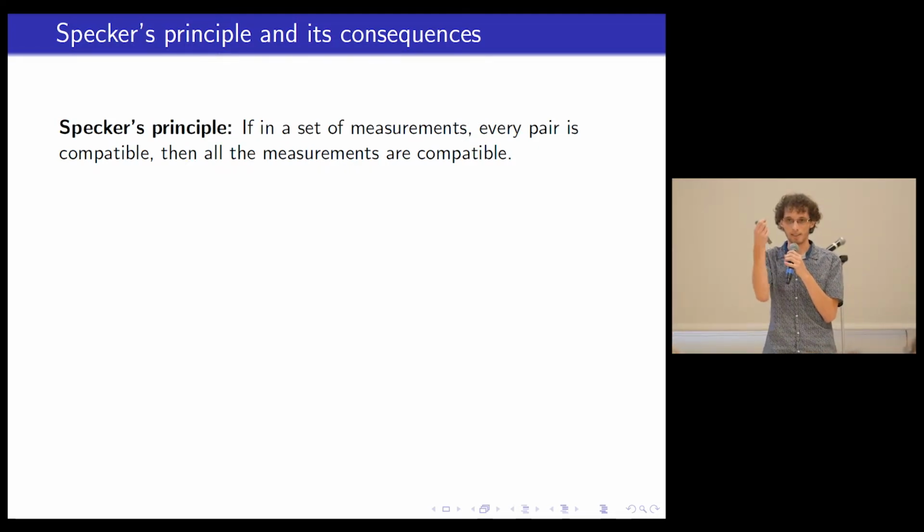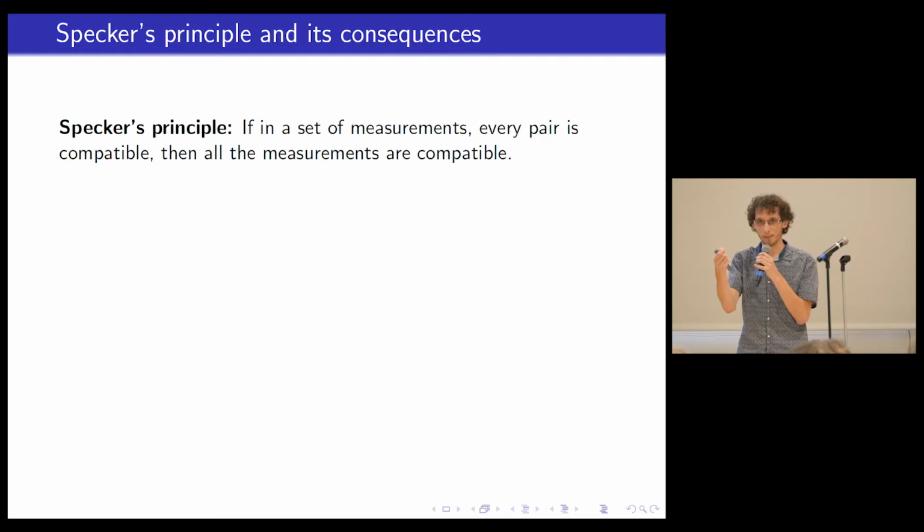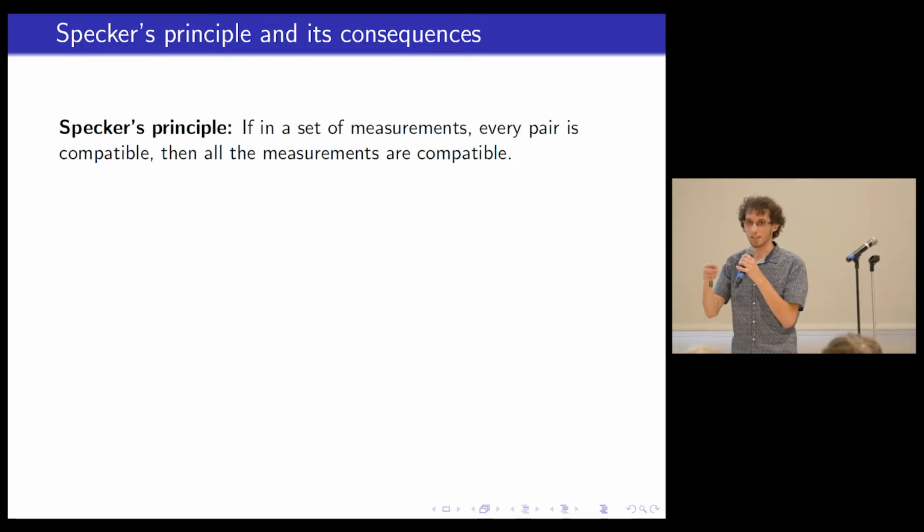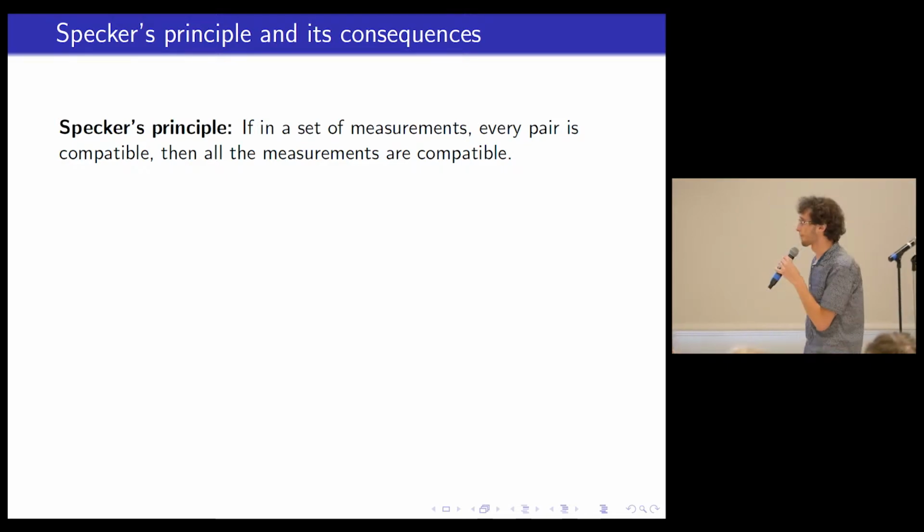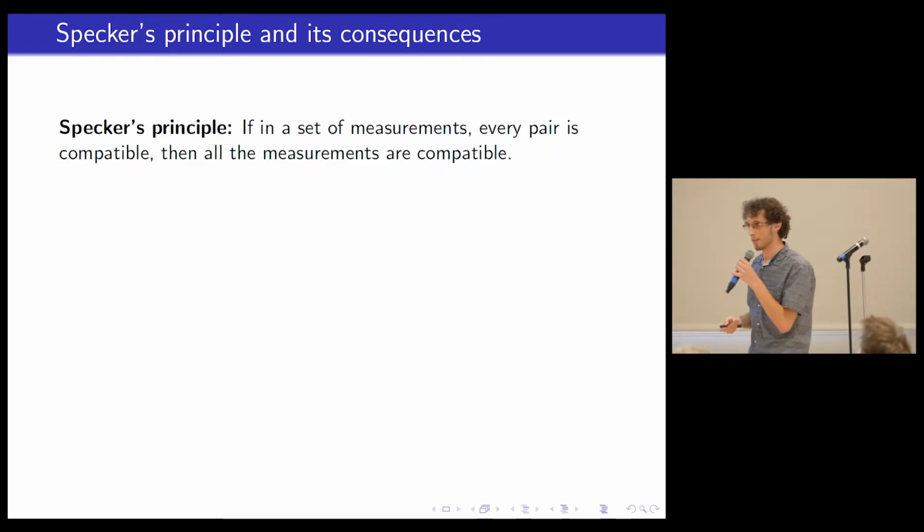So there is a single joint measurement that can simulate all of those measurements in that set, not just the pairs individually. So this is the content of Specker's principle from the title.